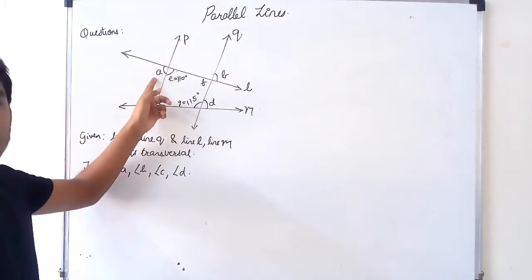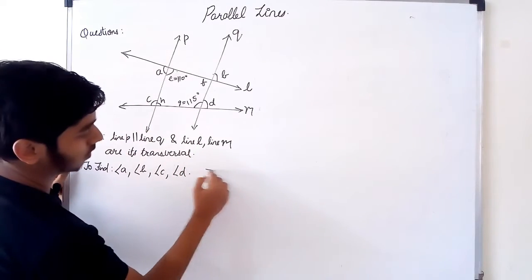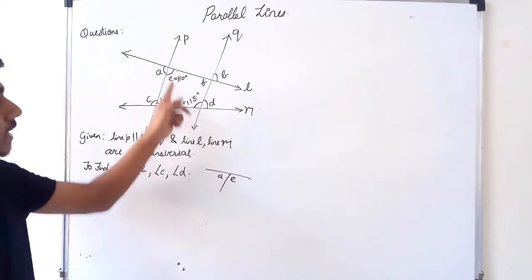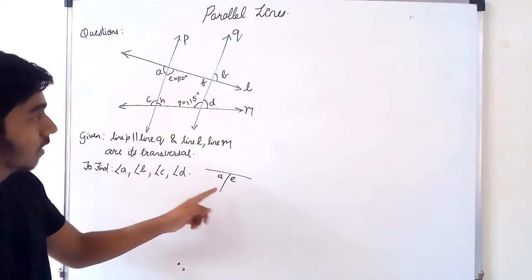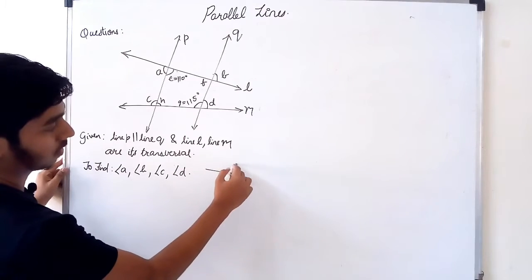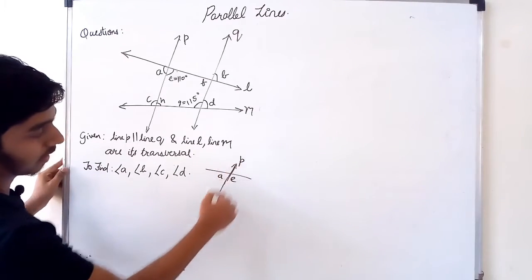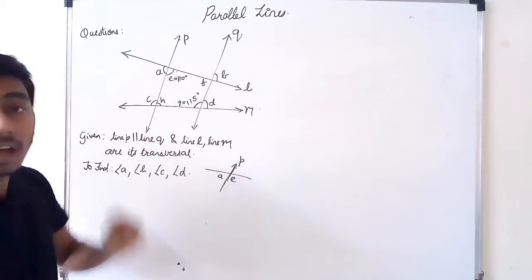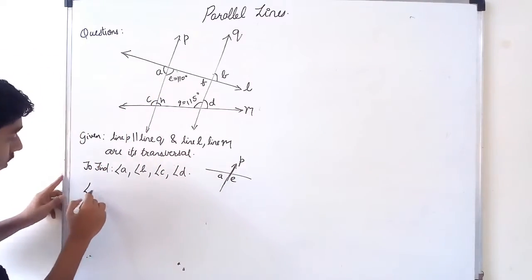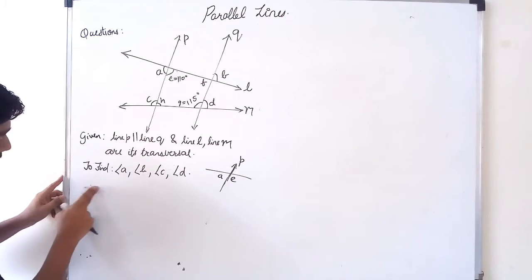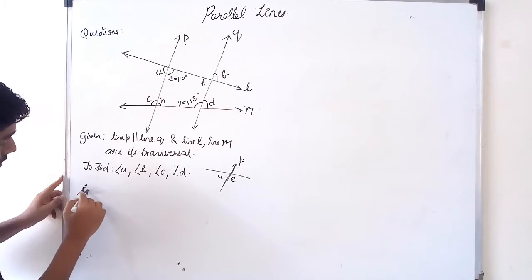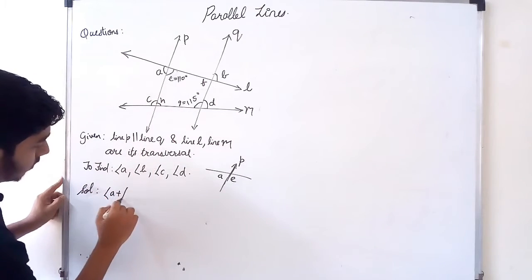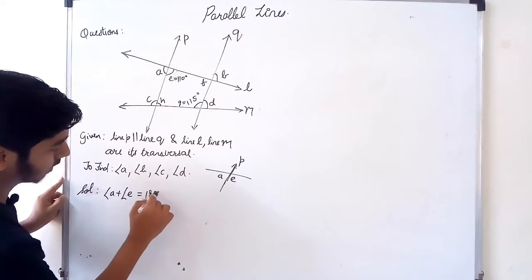Now for finding A, we know this is A, this is E. So A and E are forming a linear pair, correct? This line is P, which is coming from here. A and E are forming a linear pair. Therefore, solution: angle A plus angle E equal to 180 degree.